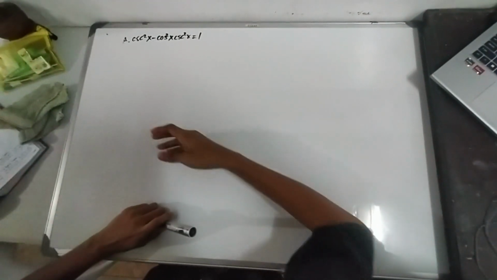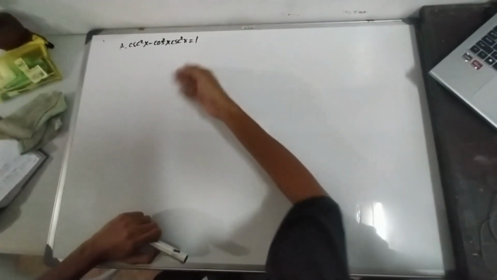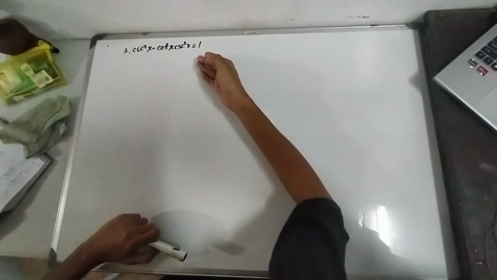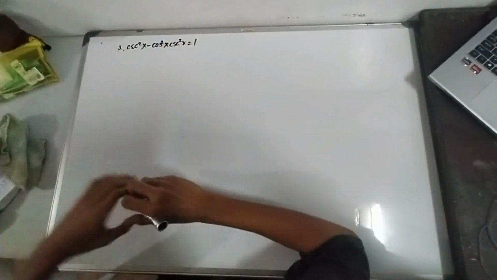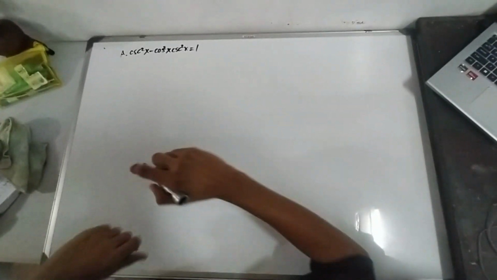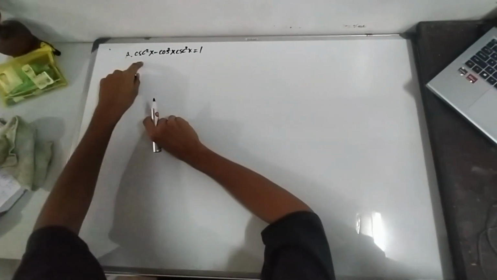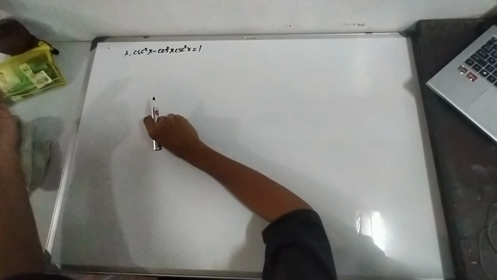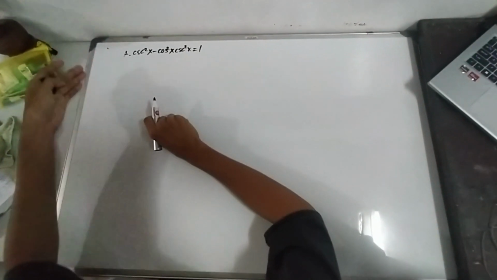We are given the problem. Problem A: cosecant squared x minus cos squared x times cosecant squared x is equal to 1. We are tasked to prove this. So what we're going to do first is factor out the cosecant squared, since the left expression has a common term.